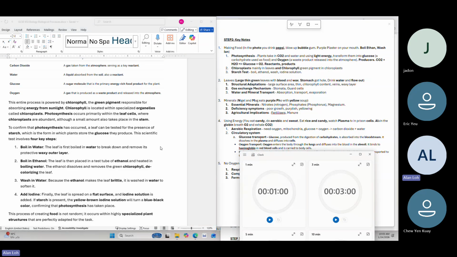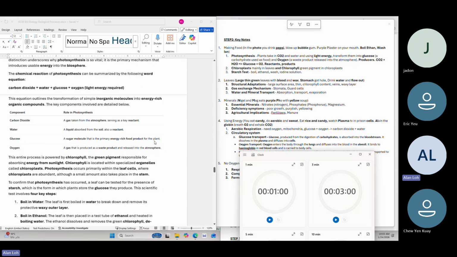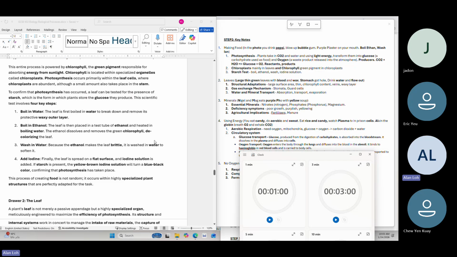Okay, done. This is drawer number 1. All right, so you took about 3 minutes to read the drawer number 1 for step 5.